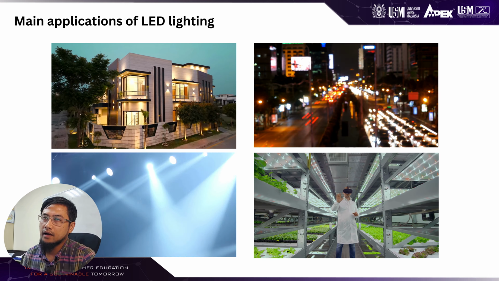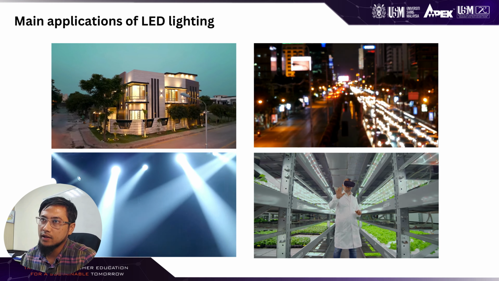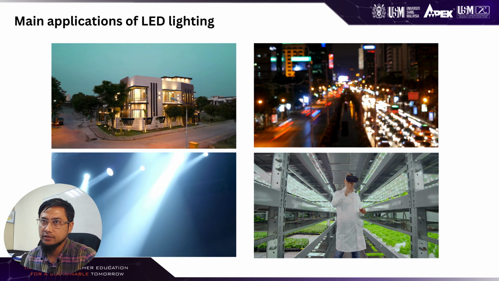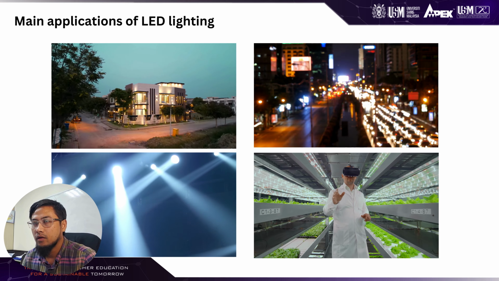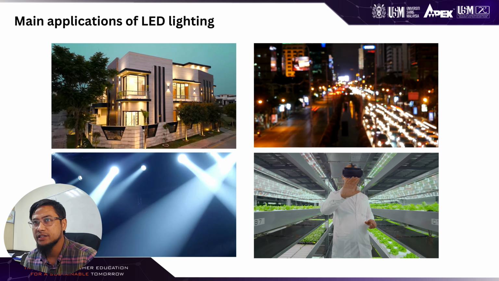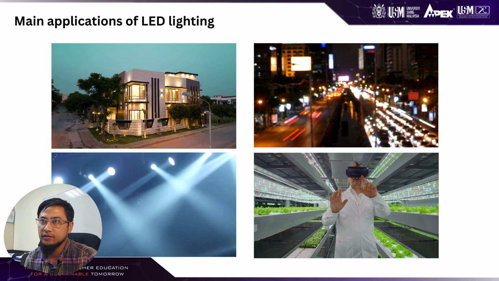These are some of the applications of LEDs, right? The first one is, of course, to light up our houses, not just during the night but also during the day. On the top right, we have applications in the streets, headlamps of your car, public transport, traffic lights, and so on.